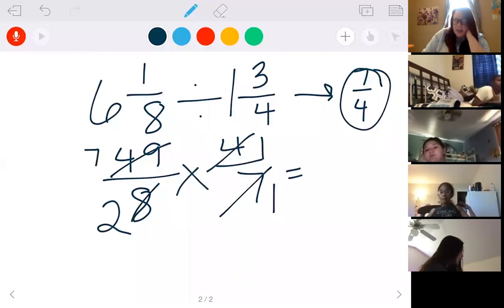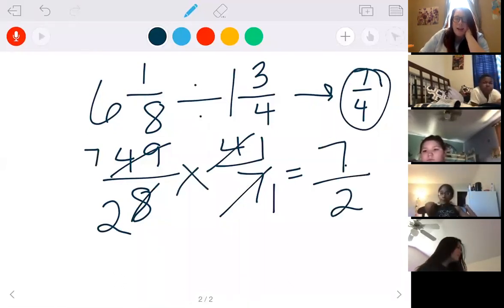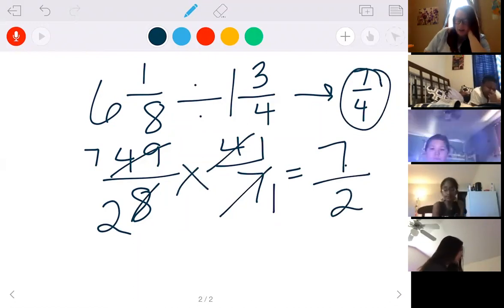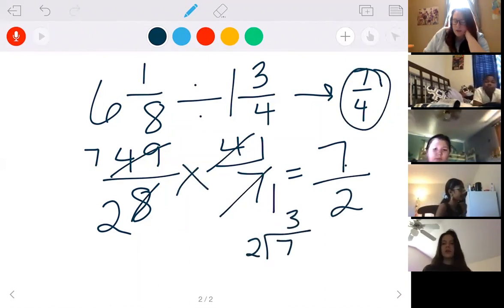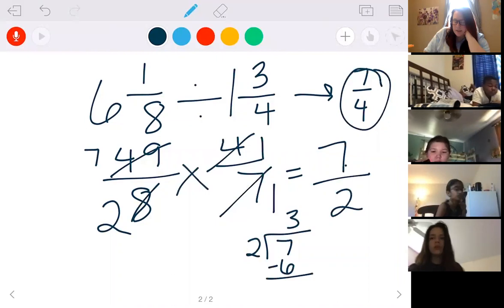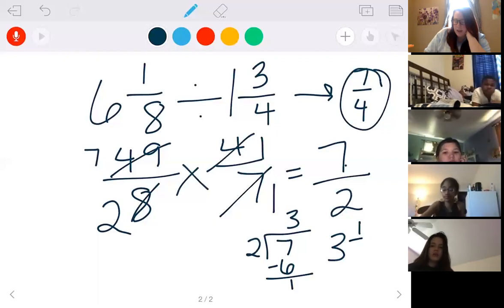Now I can do 7 times 1 is 7. 2 times 1 is 2. Can't leave it like that. Please, please, please make sure you know you can't leave it like that. That's where you go. 2 goes into 7 3 times. 2 times 3 is 6. 7 minus 6 is 1. That equals out to 3.5.